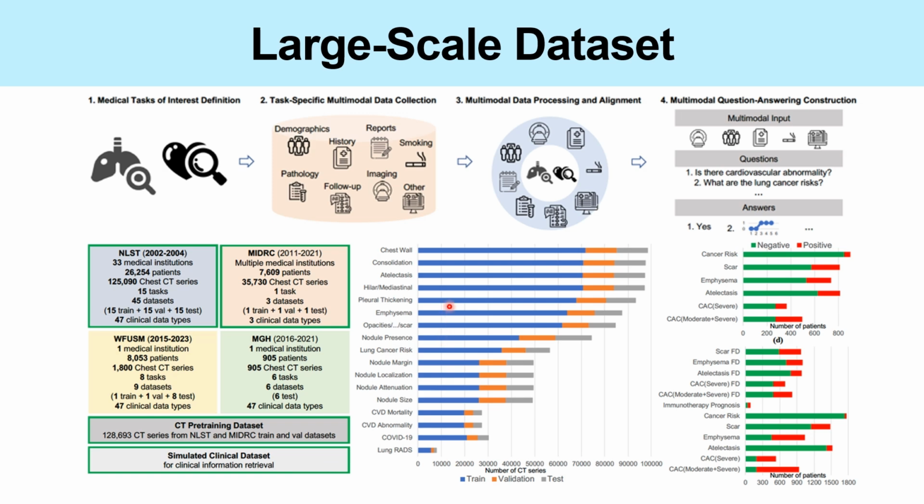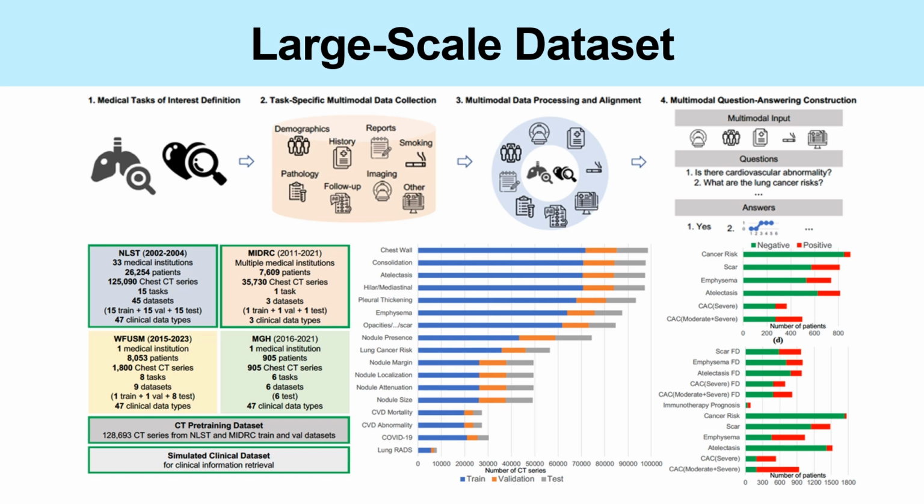So we have training data in blue, and here validation data and the test data. And these are the multiple tasks we covered. And we also perform some generalization study on different tasks and different aspects of network performance. I will explain more in subsequent slides.